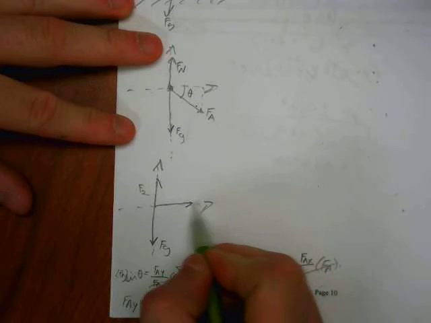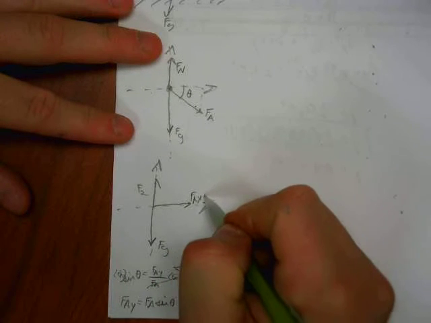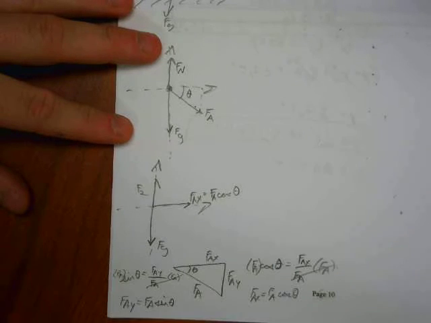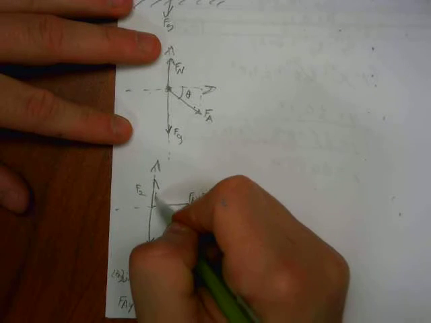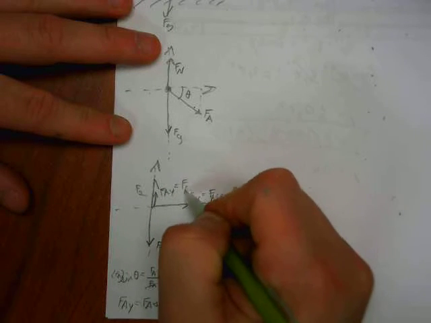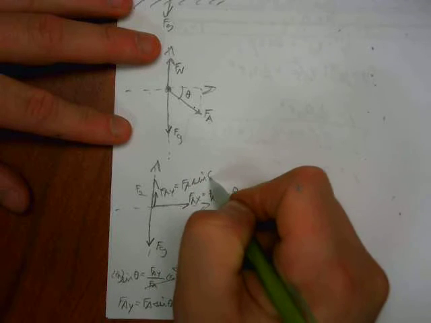So I can draw these forces up here. This is FAX, which is FA cosine theta. And we have this other force here, which is FAY equals FA sine of theta.